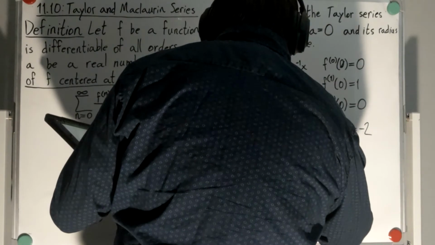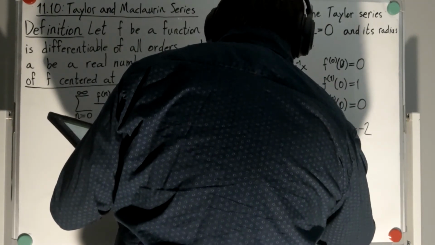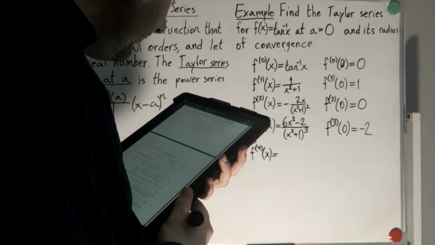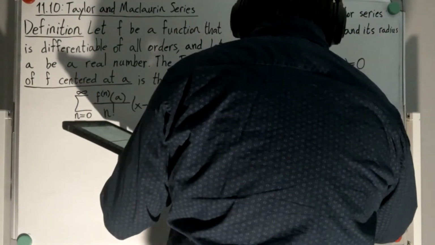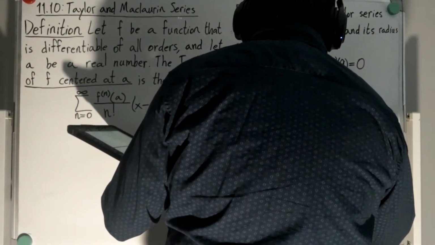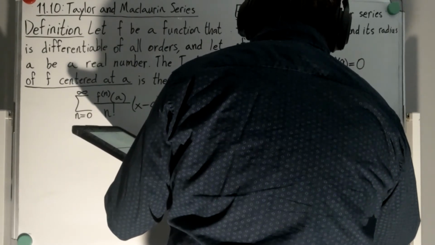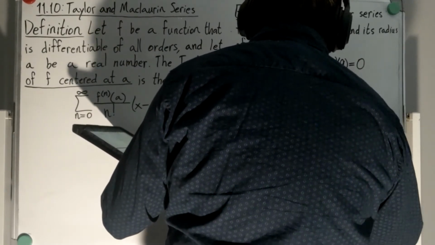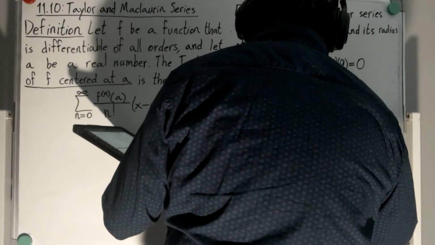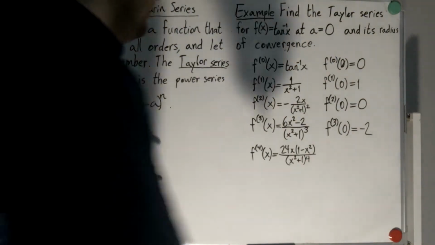Then fourth derivative, that's another quotient rule, which again I went ahead and did before I started the lecture. So 24x times (1 minus x squared) divided by (x squared plus 1) to the 4th. Evaluate this at 0 and you get 0.